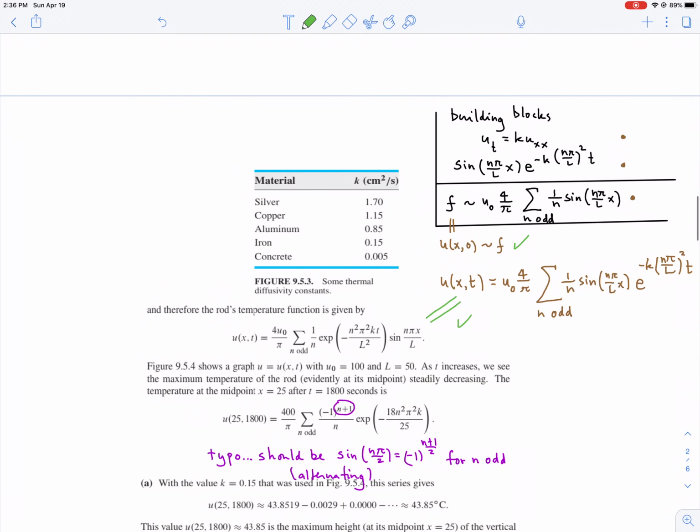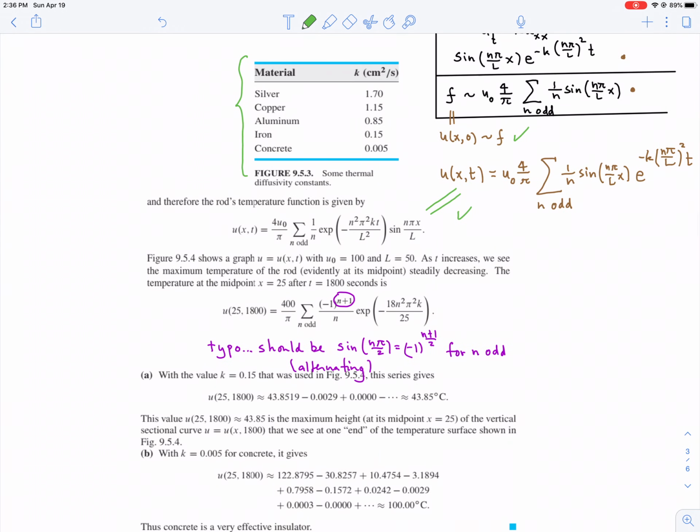Okay, now here we have the table of diffusivity constants. Remember, the larger k is, the more u_t reacts to k times u_xx. So larger k means poorer insulators, smaller k means better insulators.